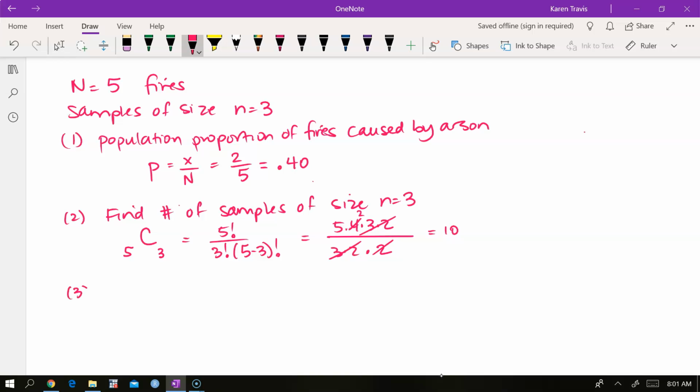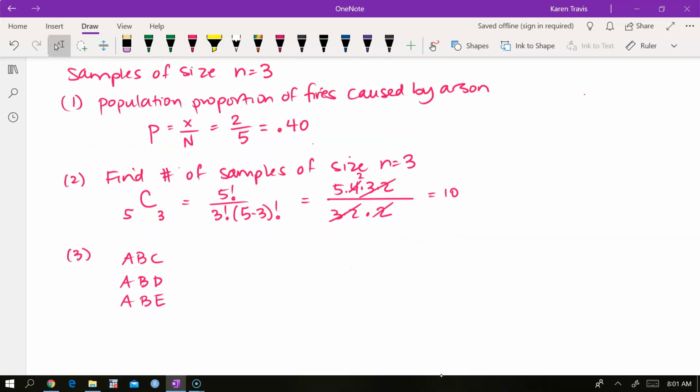So now I'm going to create those samples. If they're size 3, then we're thinking of 3 at a time, 3 fires combined.